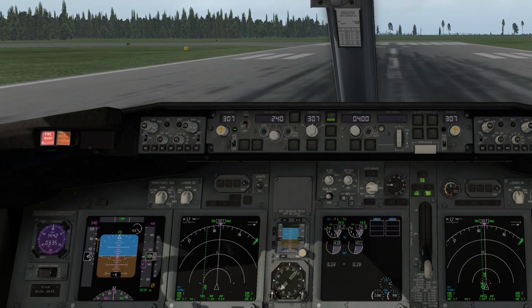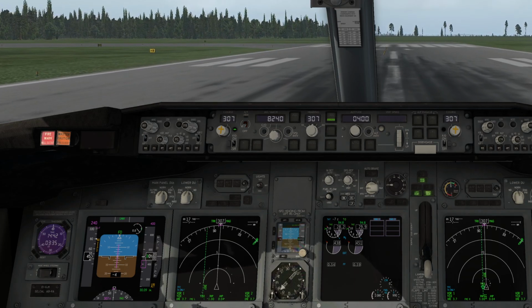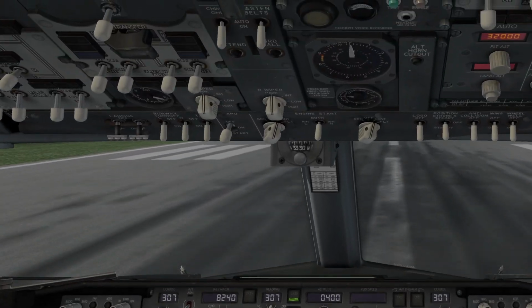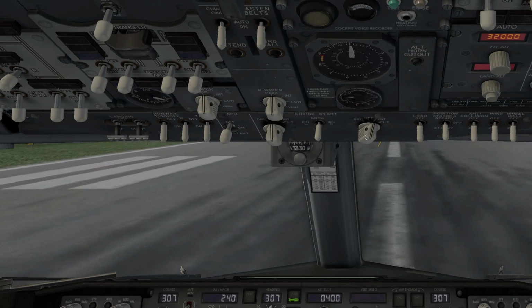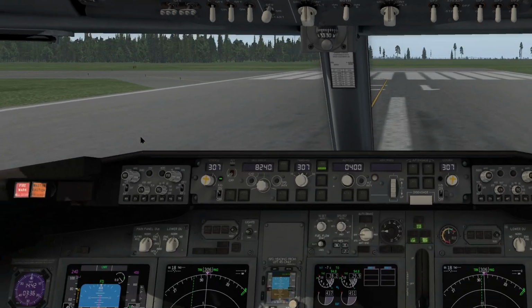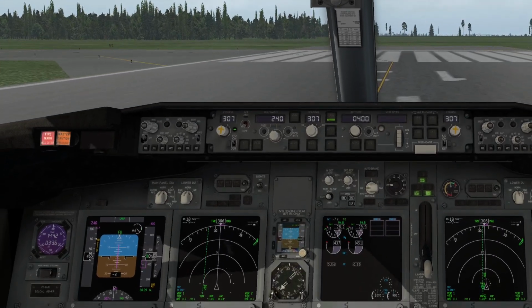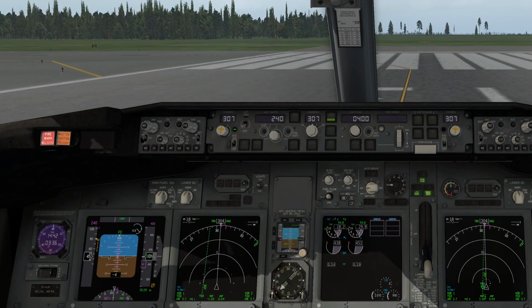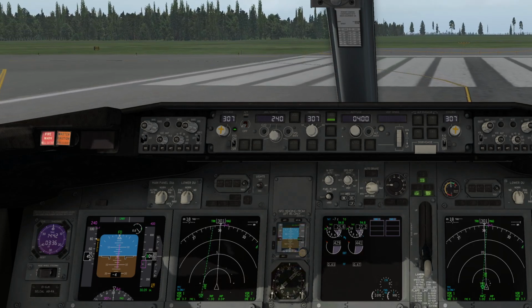And that's taxiway Bravo. So, turn off switches off, landing light off, just idle.